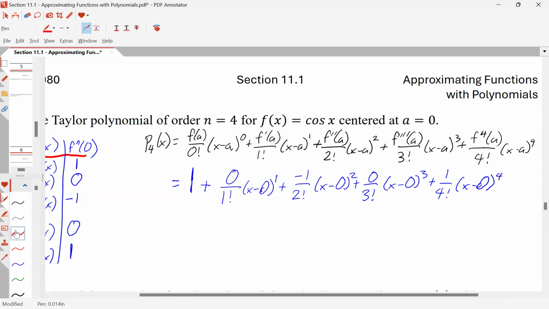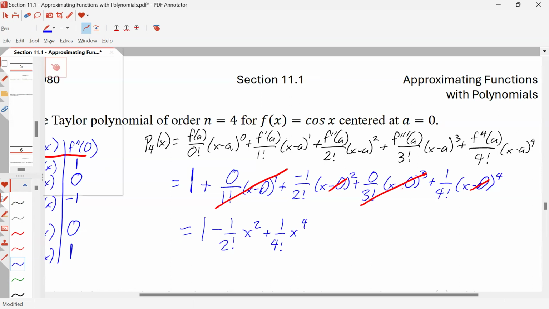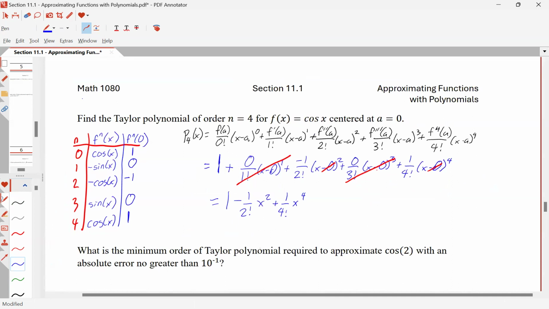Simplifying this down, all the zero terms vanish. So this is 1 minus 1 over 2 factorial times x squared plus 1 over 4 factorial x to the fourth. So there is our approximation: 1 minus 1 over 2 factorial x squared plus 1 over 4 factorial x to the fourth is approximately cosine x close to 0.